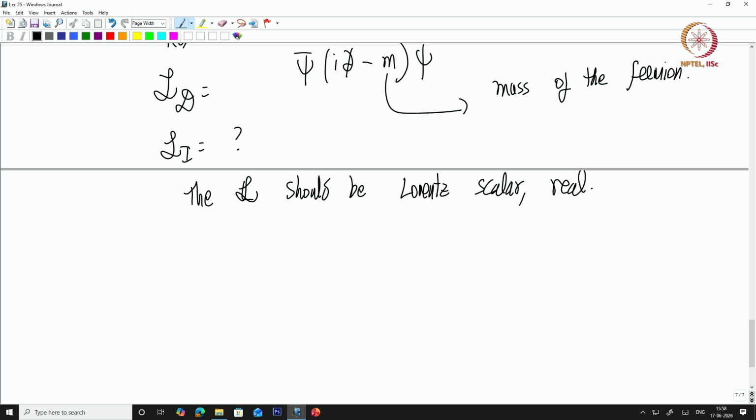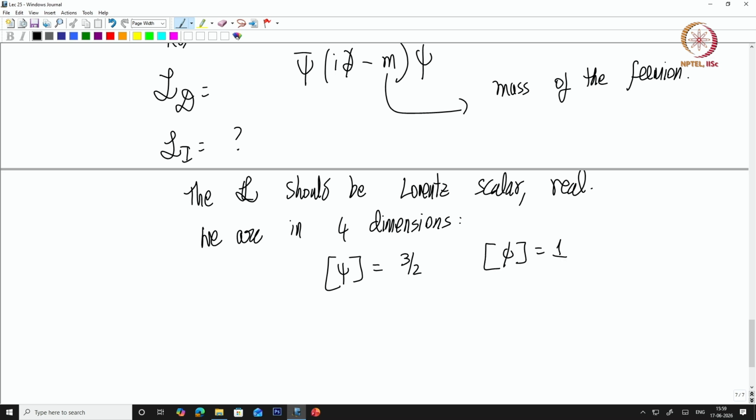Now we are in 4 dimensions, and as we have seen in one of the previous classes, the mass dimension of psi is 3/2 and the mass dimension of phi is 1.